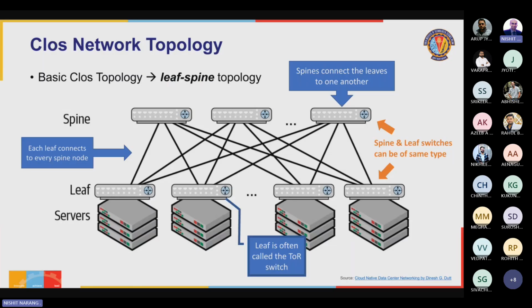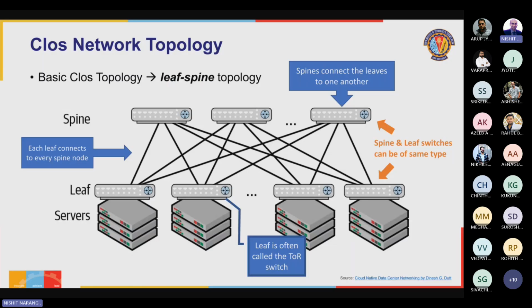The spine is a set of switches which connects to the leaf switches and thereby enables connectivity between servers across multiple racks. So it's kind of a mesh architecture between leaf and spine switches, where the leaf and spine switches need not be of different types. They can all be of the same type of switches.